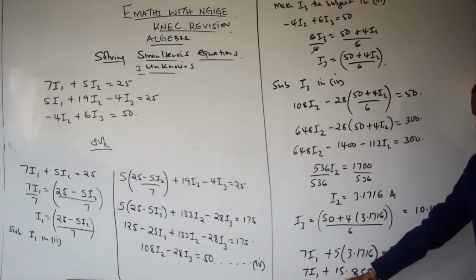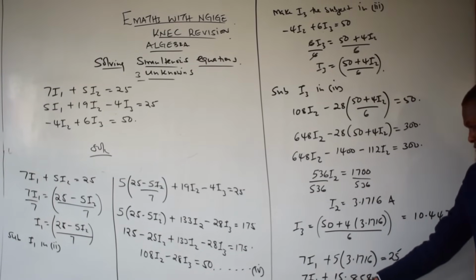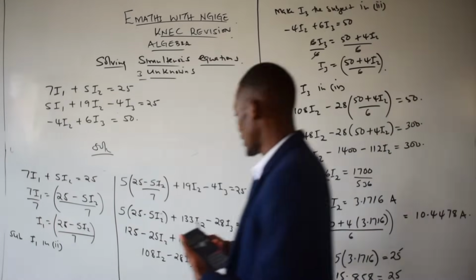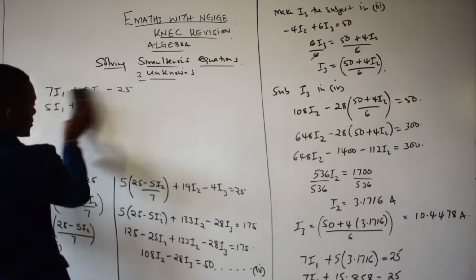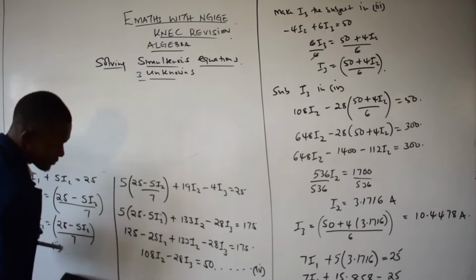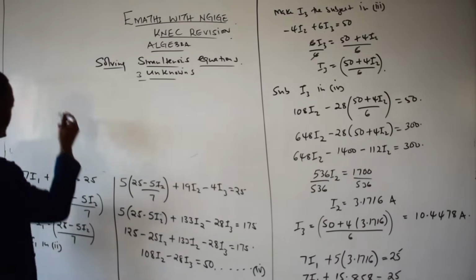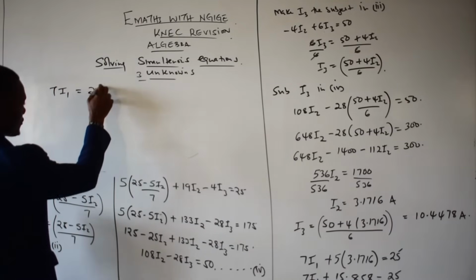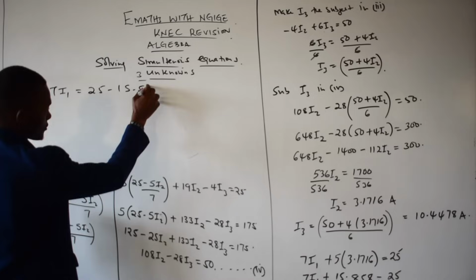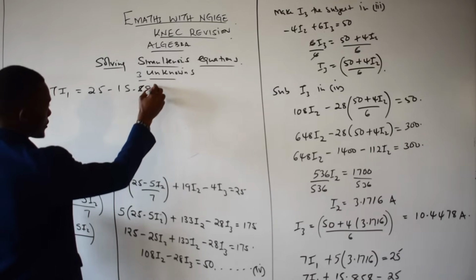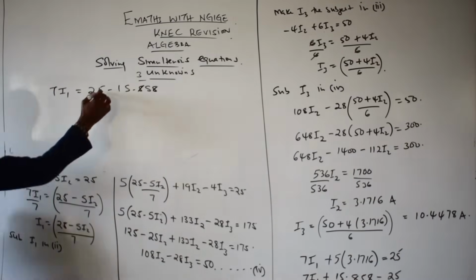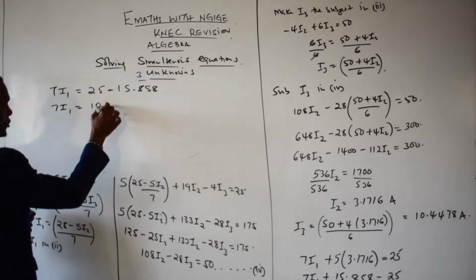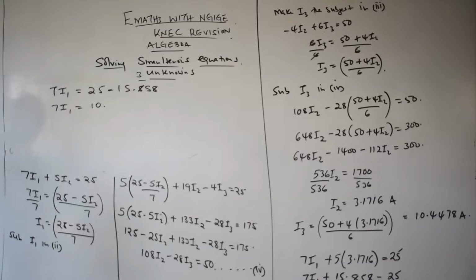Therefore, we bring positive 15.858 to the right hand side. We shall have 7I1 equals to 25 minus 15.858. So we subtract that, we get 7I1, which will give you what? Let's work it out.